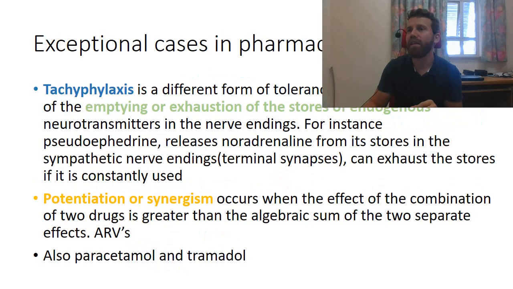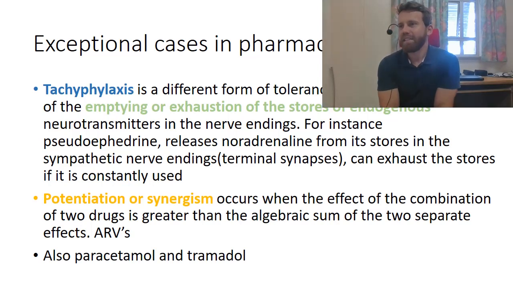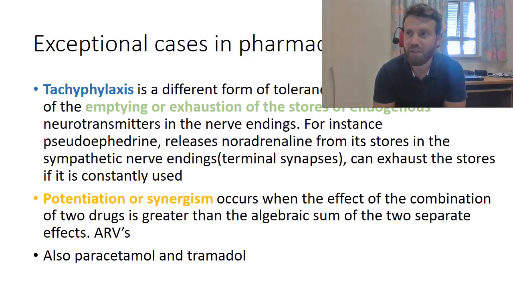And then we have this thing called tachyphylaxis. Tachyphylaxis is when the stores of certain neurons have been exhausted. So let's say you were taking something that acts on a storage receptor near the end of a presynaptic neuron that causes the release of adrenaline or noradrenaline or acetylcholine.